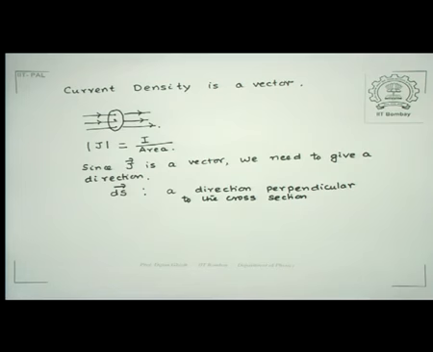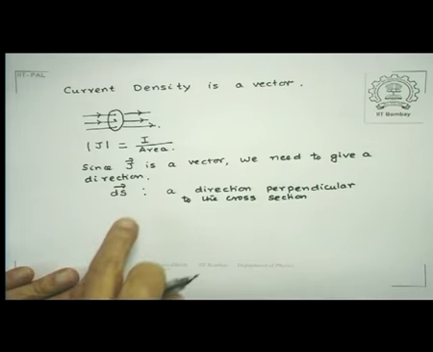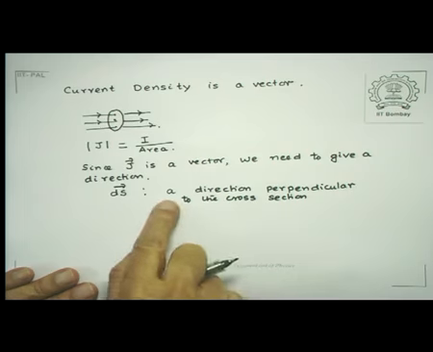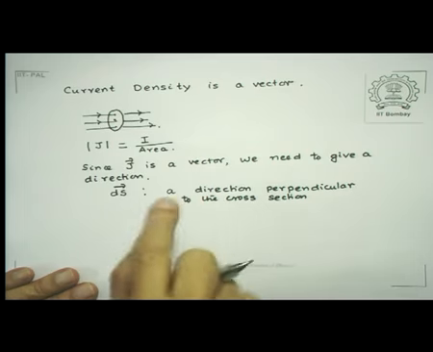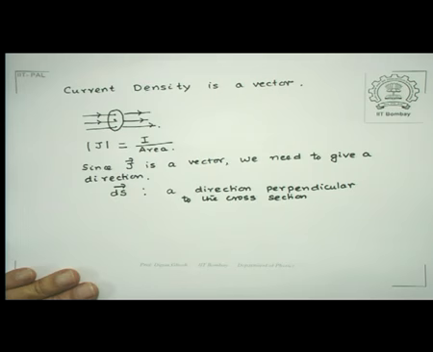Obviously this definition makes sense only if the area is infinitesimally small. Now, this direction: you realize that every surface has two directions, one in which the current is coming in and the other side of the surface is the direction from where the current is coming out.